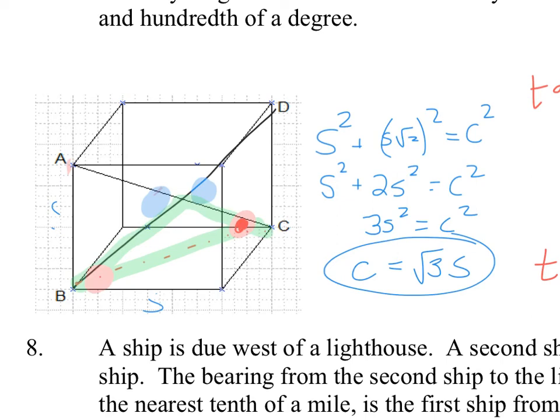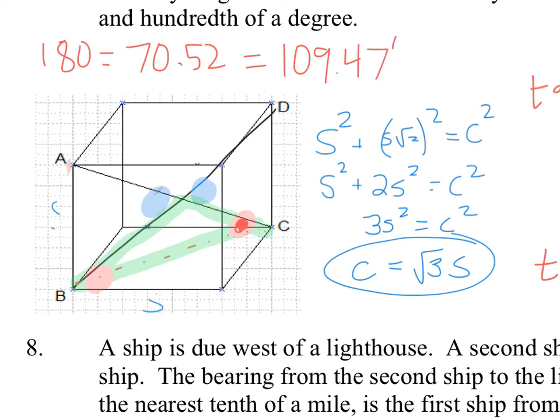Add them together, and I get 70.52. I subtract that from 180, and I get 109.47 degrees. That represents the measure of the top angle of my hypotenuse right here.